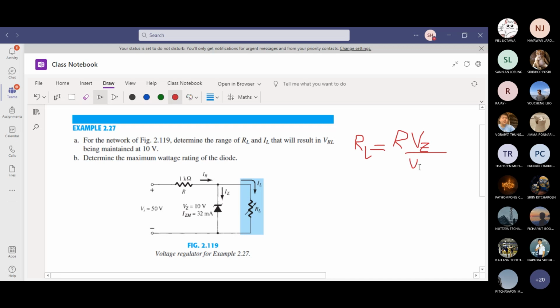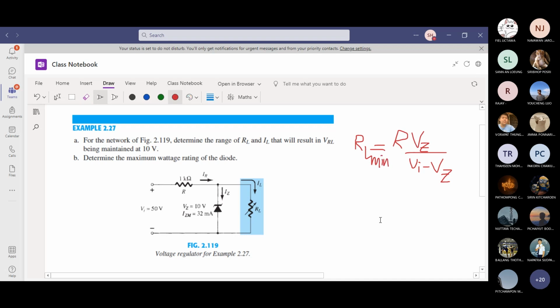This is the equation. If you don't remember, you don't have to stress, because you can actually use the voltage divider equation. Vz equals VL equals Vi times RL over R plus RL. You rearrange, you're gonna get this equation for sure. So this is minimum RL required.